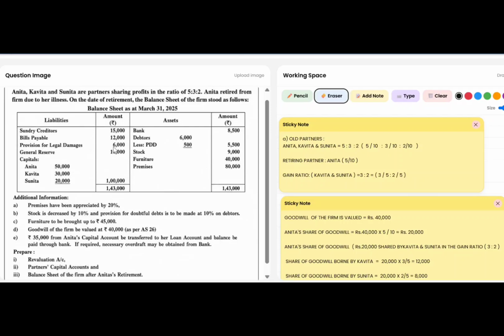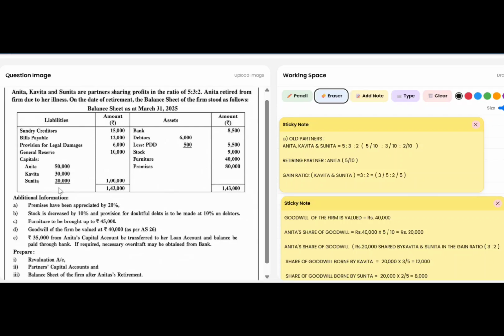Next, you have general reserve. This will go to the partners capital account and it will be distributed to all the partners in their old profit sharing ratio. Next we have the capitals. The capitals of Anita 50,000, Kavita 30,000, Sunita 20,000 will be recorded as the opening balance in the partners capital account.